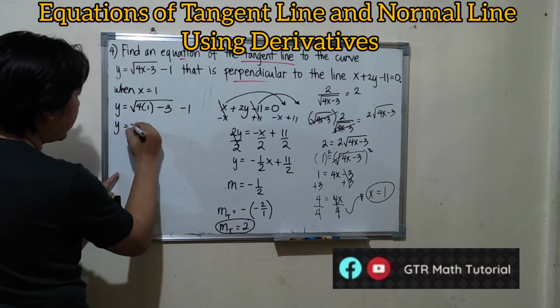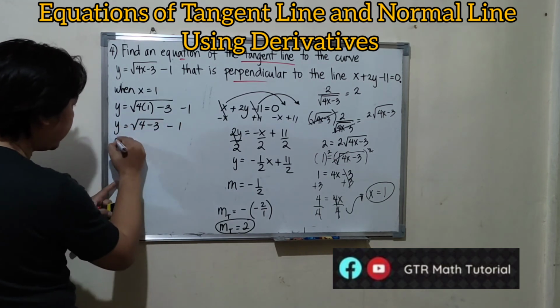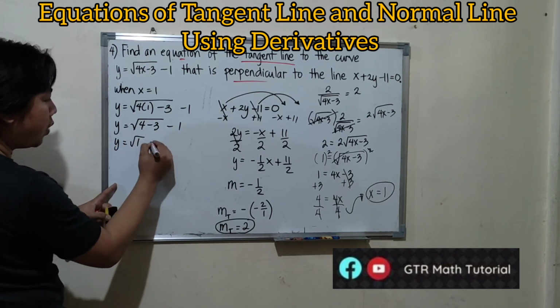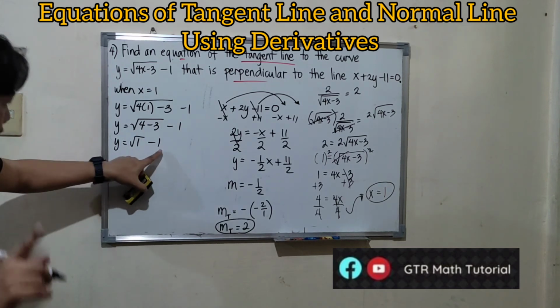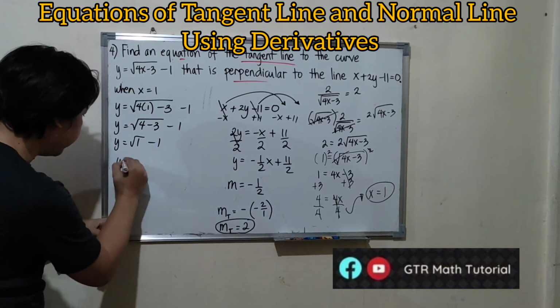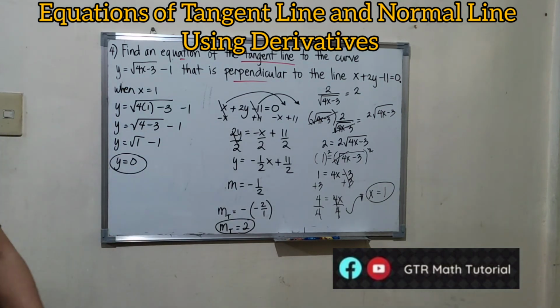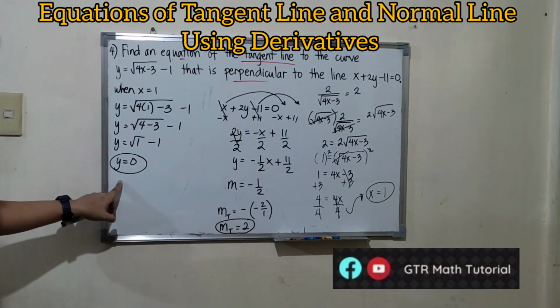So, y equals square root of 4 minus 3 minus 1. Y equals square root of 4 minus 3, that is 1, minus 1. Square root of 1 is 1. Minus 1 is 0. Okay, so there, we now have everything we need. We have the slope, we have the value of x, and we have the value of y.